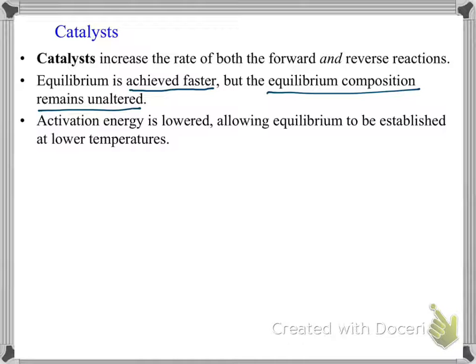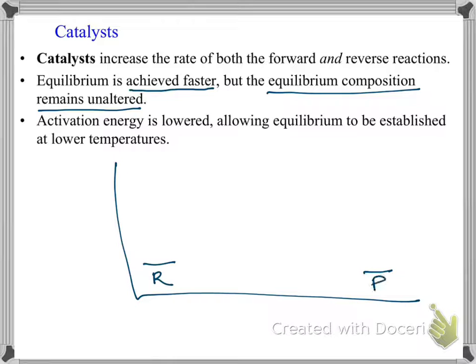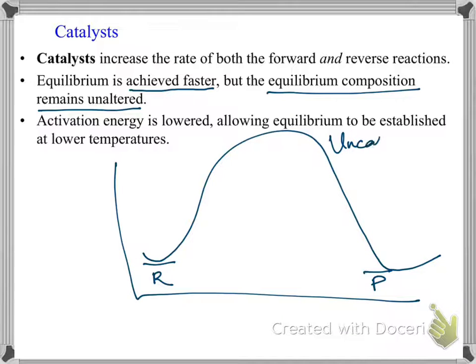So for example, let's say this is your reactant and this is your product, and without a catalyst, let's say this is the reaction, call that the uncatalyzed reaction. And then in the presence of a catalyst, the reaction can go like this.